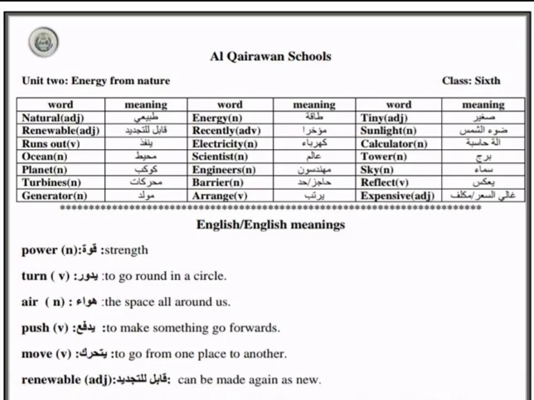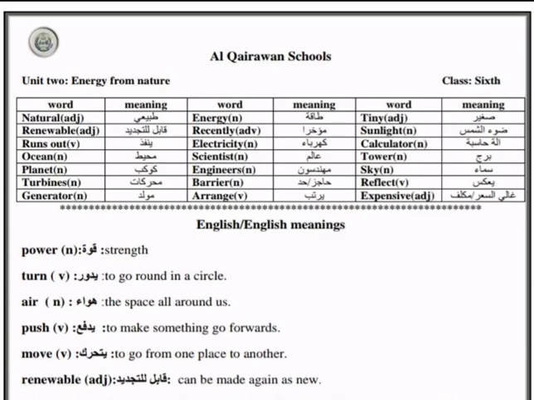And now my dear students, let's know some meanings for some words in English. Power in Arabic it means قوة, in English strength. Turn in Arabic يدور, in English it means to go round in a circle. Air in Arabic means هواء, in English the space all around us.